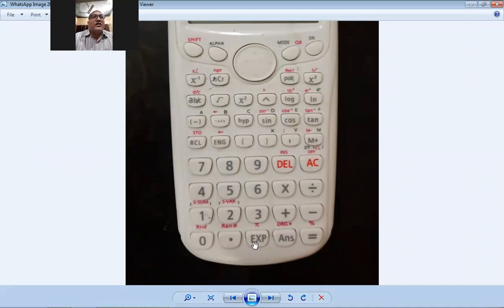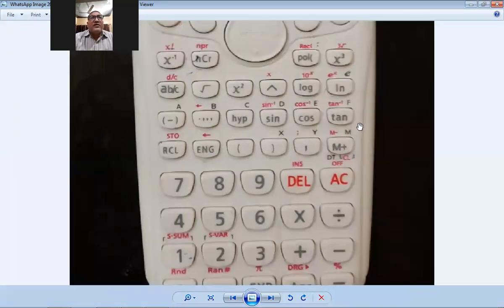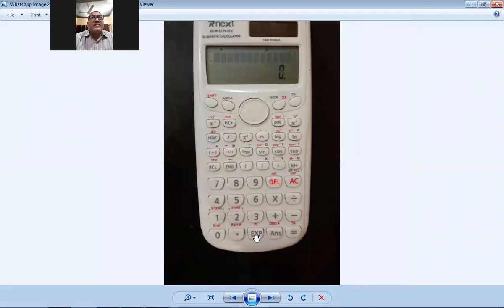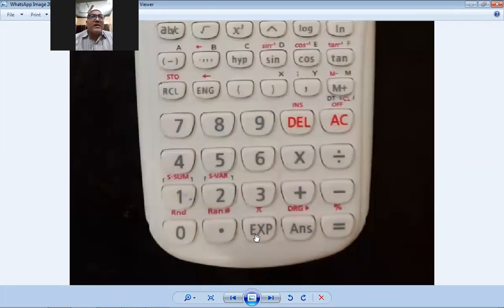So remember this button, you must have seen it on your calculators. In most calculators they have this button, and we call this button Expo. You should remember this button.